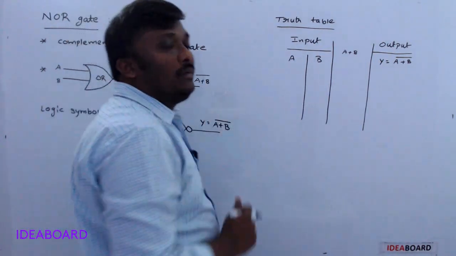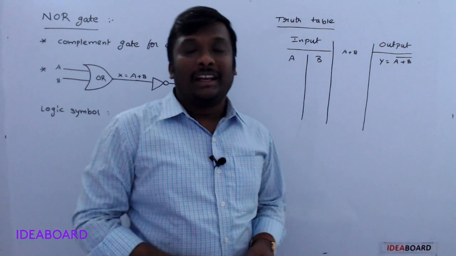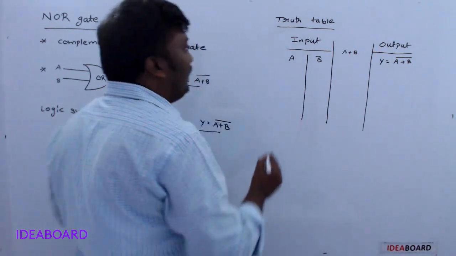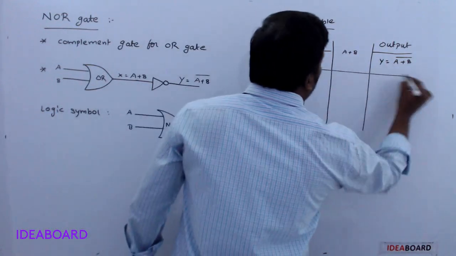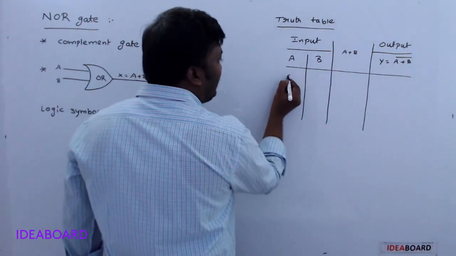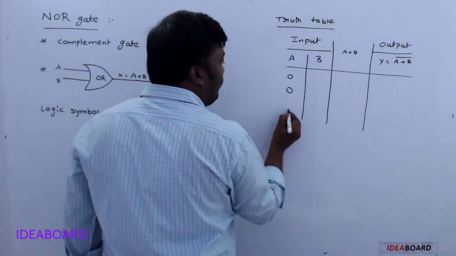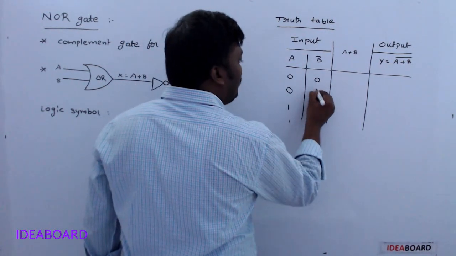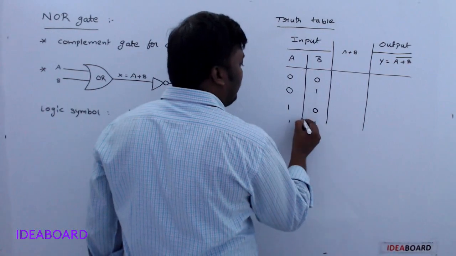We know the truth table gives all possible combinations. Here, what are the possibilities of A and B? A possibilities are 0, 0, 1, 1. B possibilities are 0, 1, 0, 1.